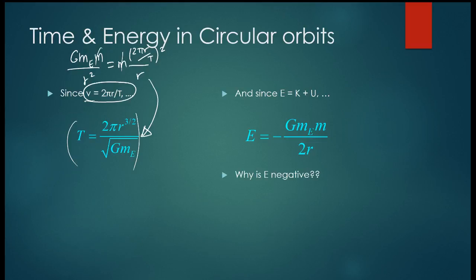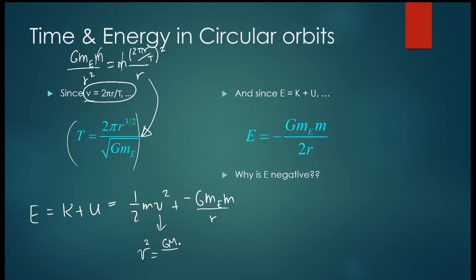Okay, so why is this energy negative? Well, let's think about this. Energy is equal to kinetic plus potential, so that's going to be 1/2 mv squared, and then potential is negative G mass of the Earth, let's do capital E, m over r. But then we recognize that this v is actually orbital speed, and remember v squared for orbital will turn into GM over r.